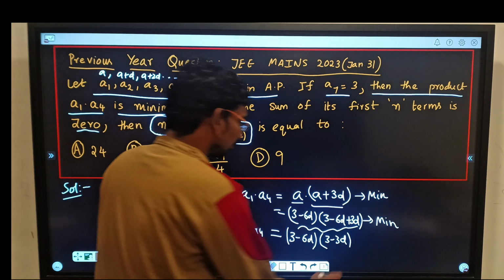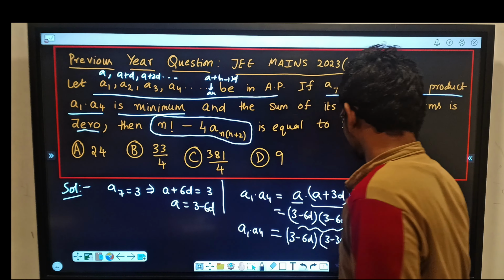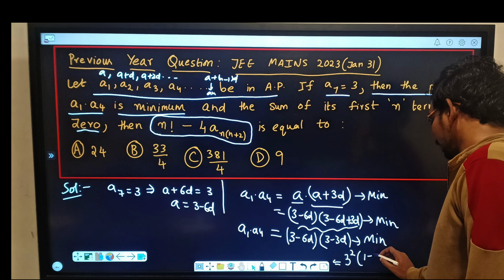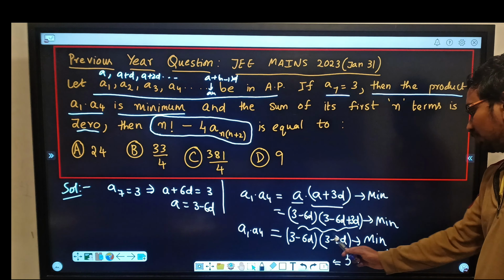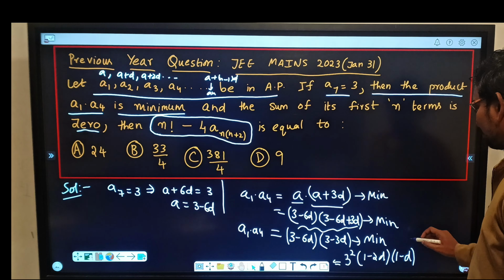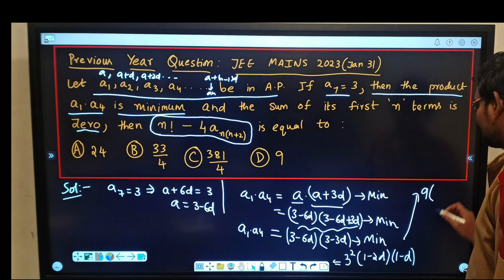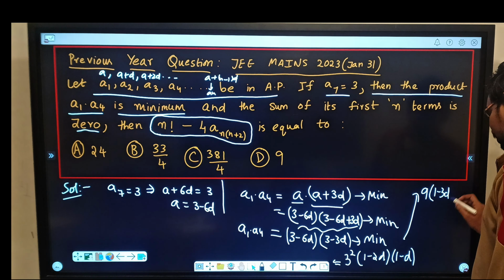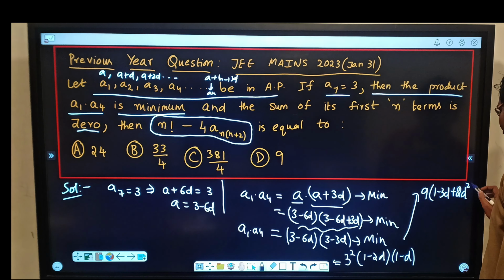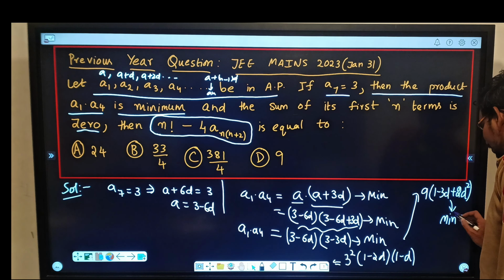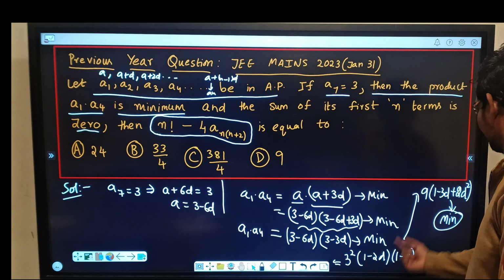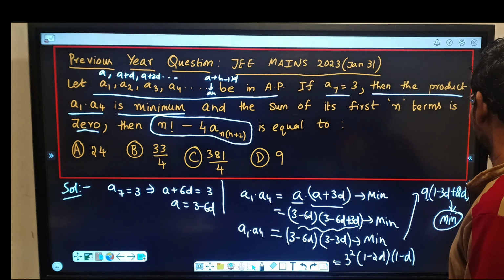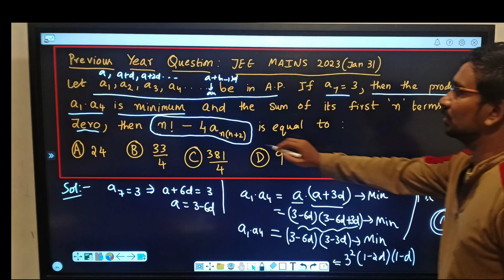This is minimum, correct? Taking 3 common from each, 3 squared, 9, into 1 minus 2D into 1 minus D. Expanding: 9 into 1 minus D minus 2D plus 2D squared, so 1 minus 3D plus 2D squared. This should be minimum. The given product is minimum.